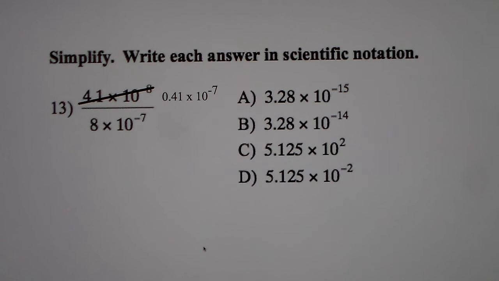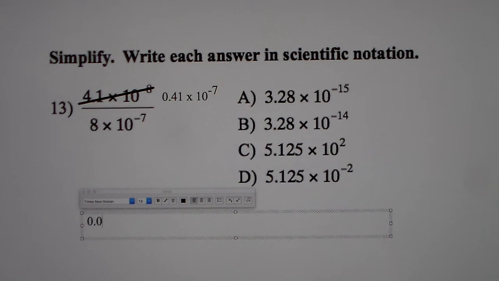So I'm going to do 0.41 divided by 8. 0.41 divided by 8, I'm going to get 0.05125. So let me write that out. Zero point zero 5125.